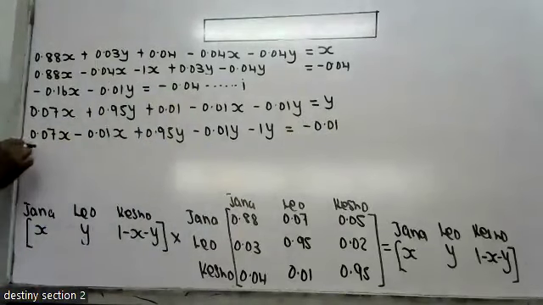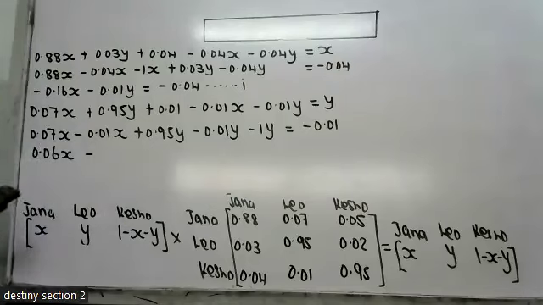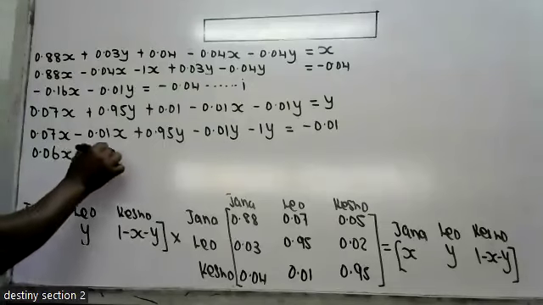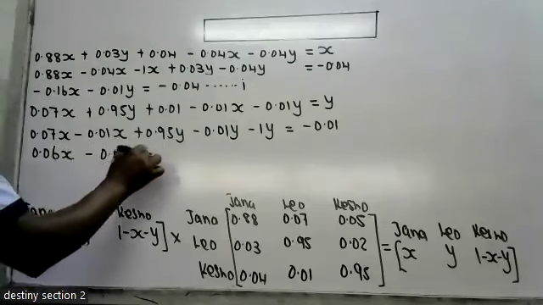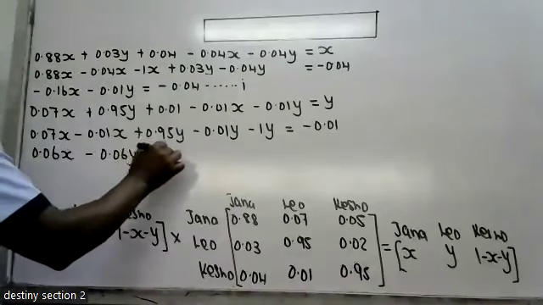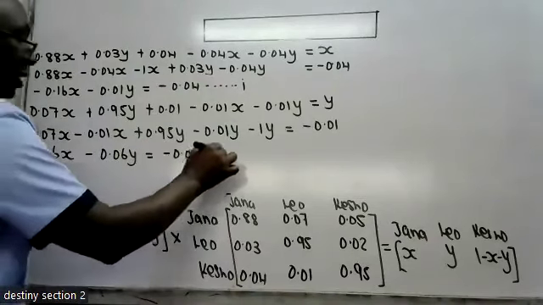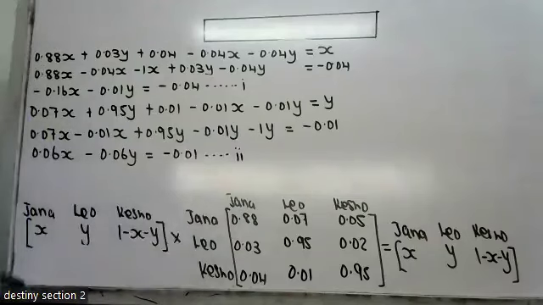So this one will obviously be 0.06x minus, 0.95 minus 0.01 minus 1 is minus 0.06y, is equal to minus 0.01. That is equation number 2.